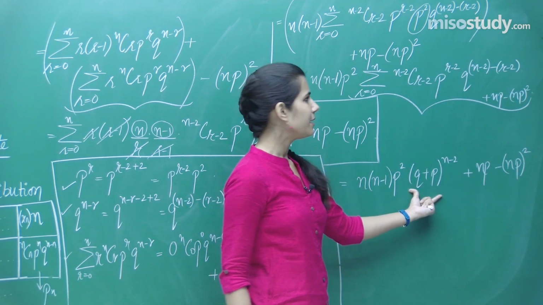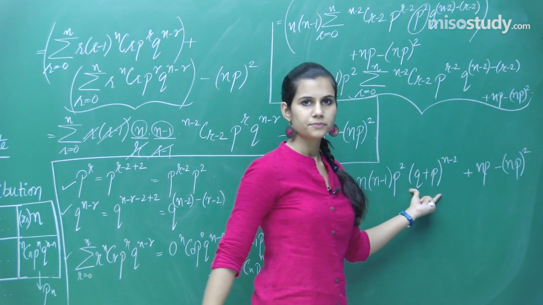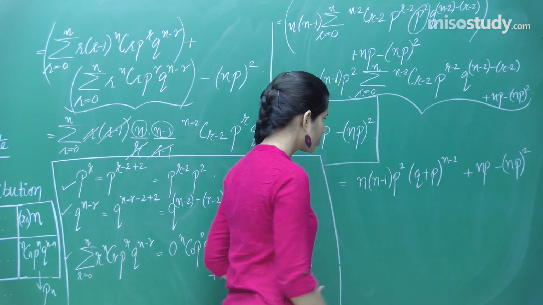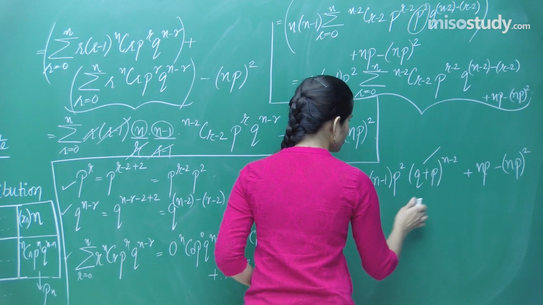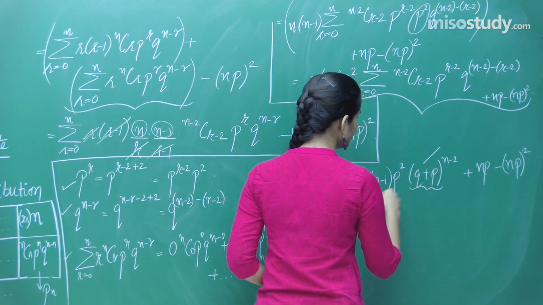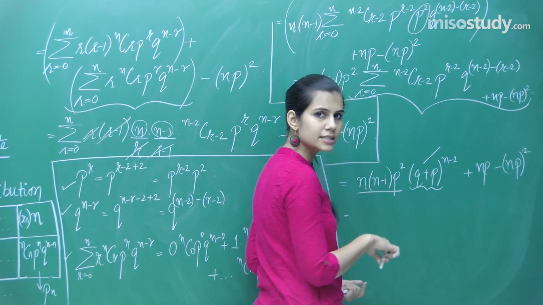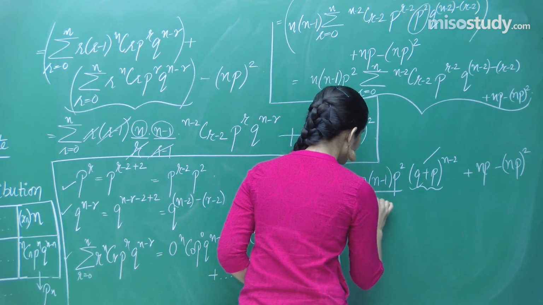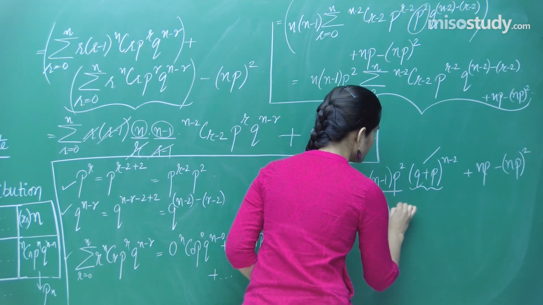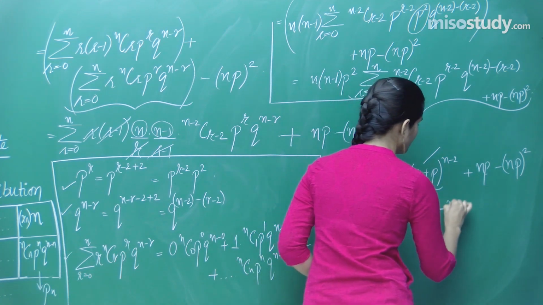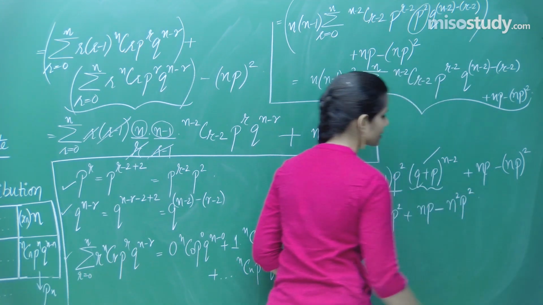This is what I have replaced with this summation, right? Now q plus p is 1. So this complete term is going to be 1, and 1 into this complete thing is this complete thing only. So this is n into n minus 1 p square plus np minus n square p square.